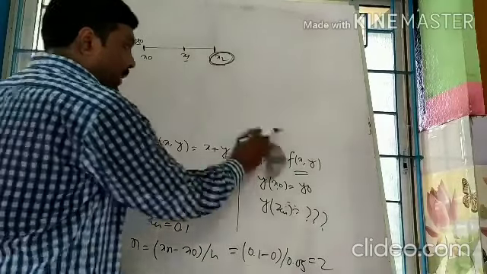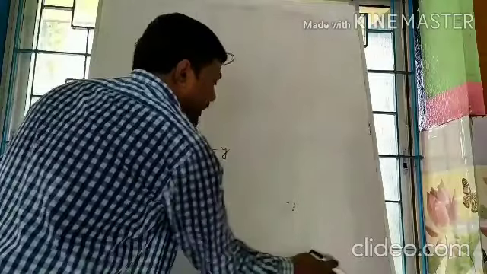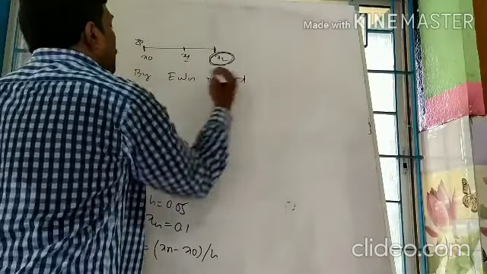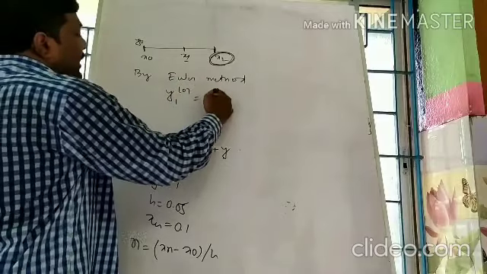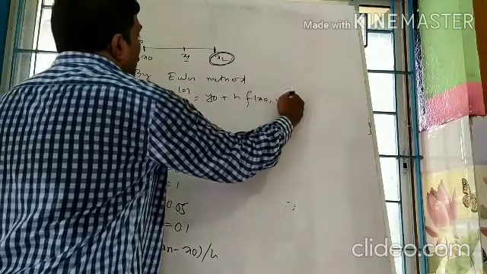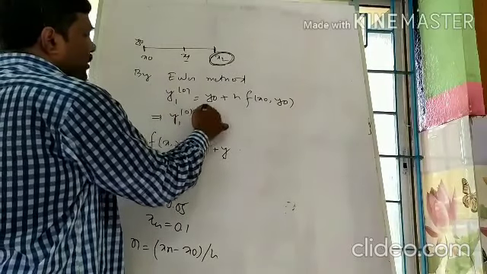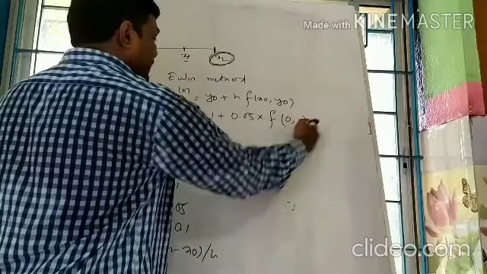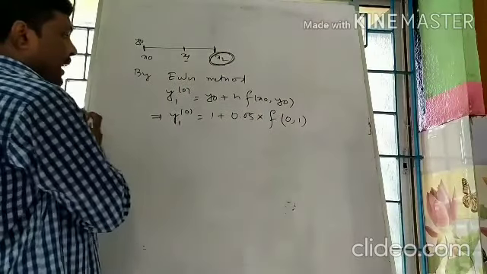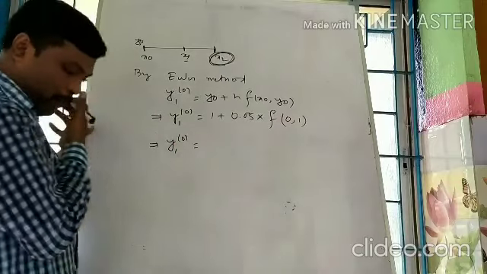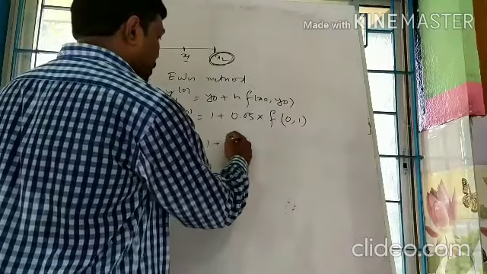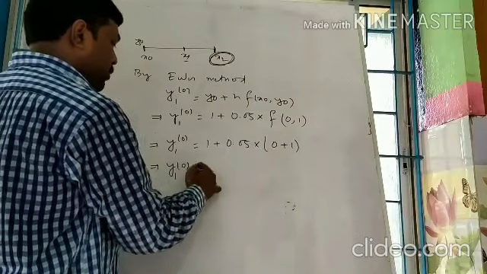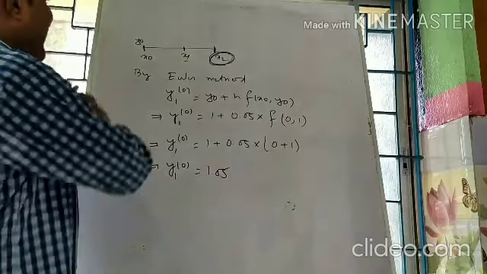So first calculate the initial approximation of y1 by Euler method. y1^(0) is y0 plus h f of x0, y0, so it is 1 plus 0.05 into f of x0 comma y0, that is x plus y. So y1^(0) is 1.05.